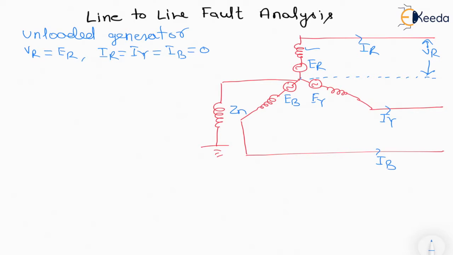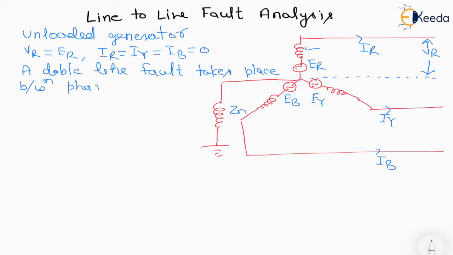So what is happening? A double line fault takes place between phases Y and B having an impedance ZF, like this.